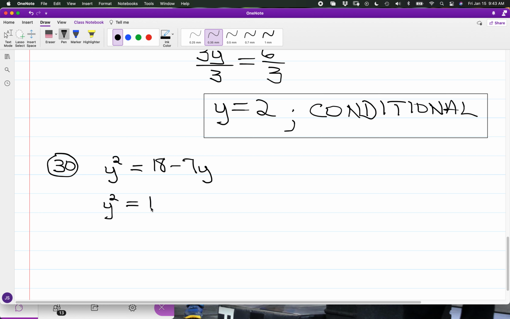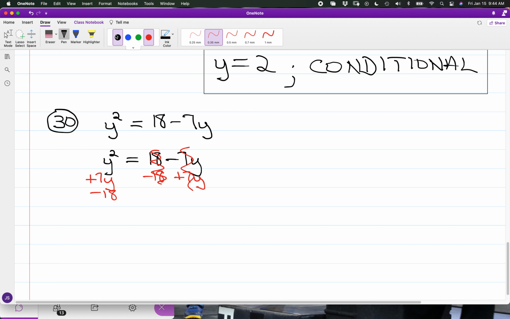So I've got y squared right now by itself, but I combine with the first order variable term by adding 7y and also by taking 18 away from both sides. So we have in the arrangement, we're going to have y squared plus 7y minus 18 is equal to 0.